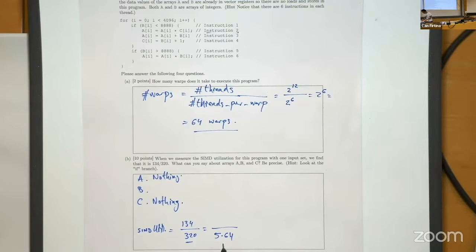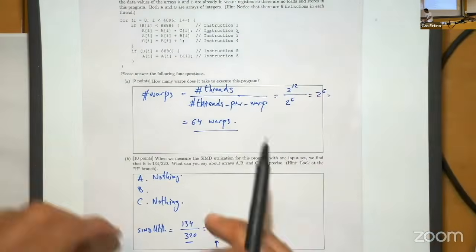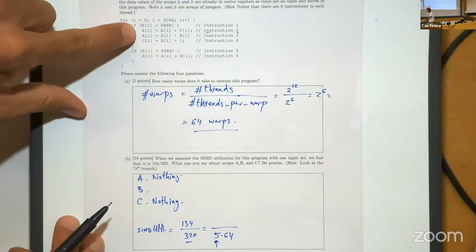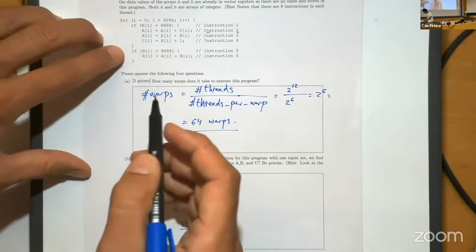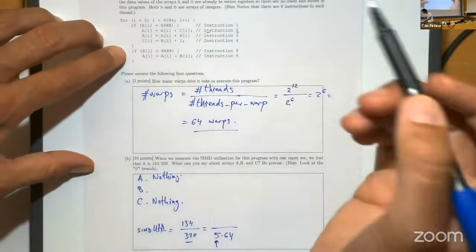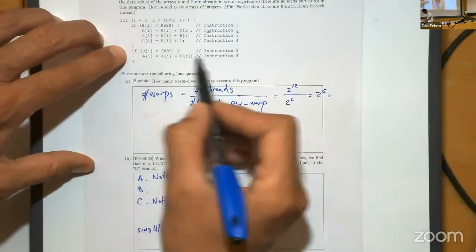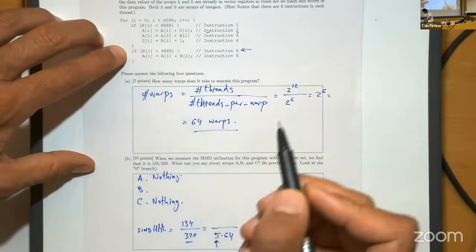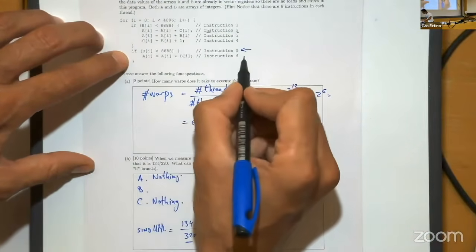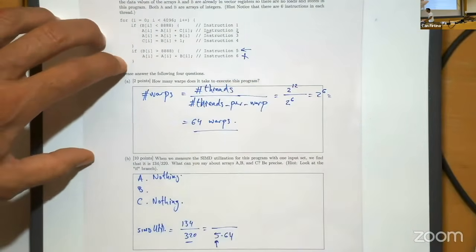And I know that 5 instructions are being executed in total, right? The only way to execute 5 instructions in this code is by having threads that go through the body of the first if statement, right? And then some of the threads, or actually all the threads, will also execute instruction 5, and none of them will execute instruction 6.